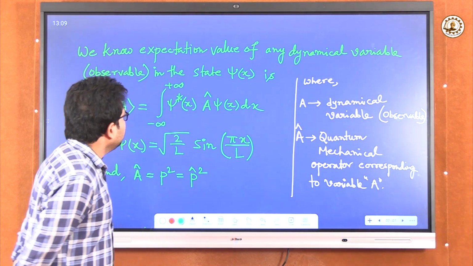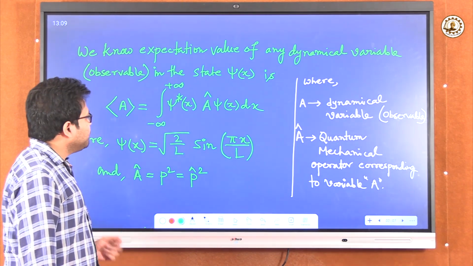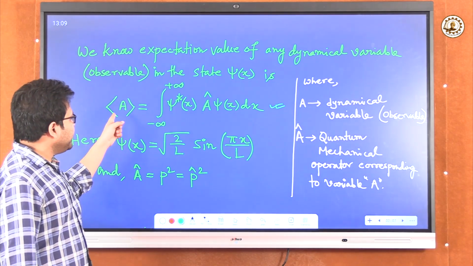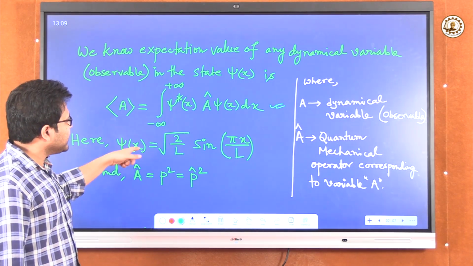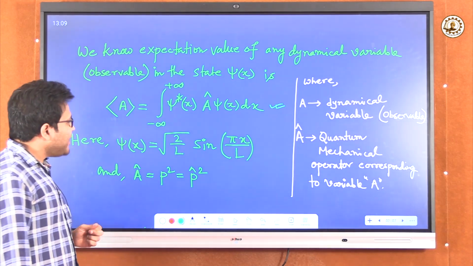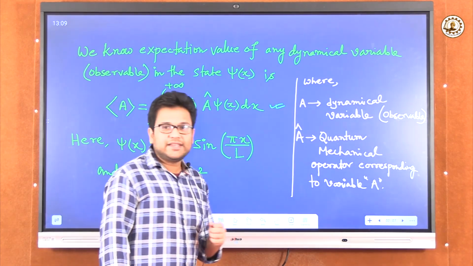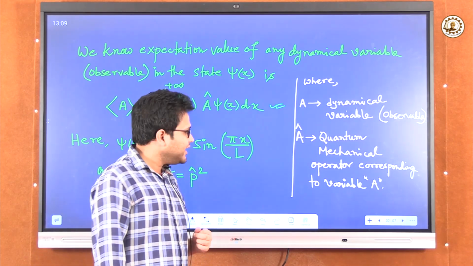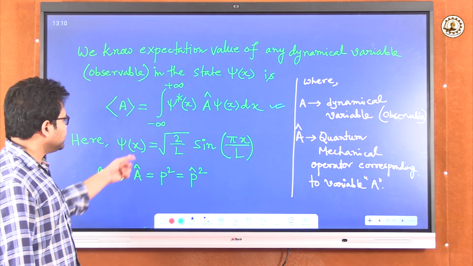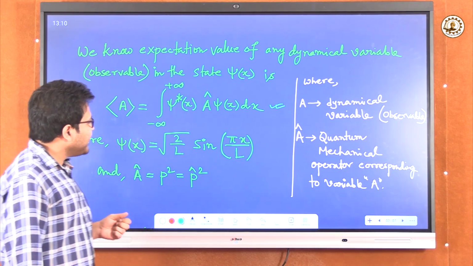If A is any dynamical variable, then its quantum mechanical expectation value for any state psi of x is given by this standard definition: the average of A, that is the expectation value of A, equals the integral from minus infinity to plus infinity of psi star of x, A cap, psi of x dx, where A is the dynamical variable, often called the observable in quantum mechanics, and A cap is the quantum mechanical operator corresponding to the dynamical variable A, and psi of x is the wave function given in the question, which equals root under 2 by L sin pi x by L.